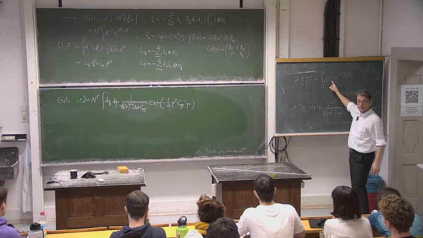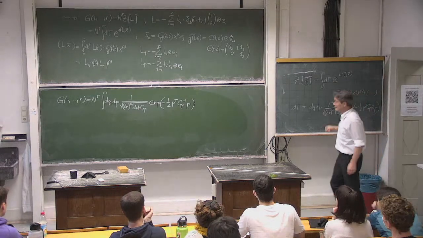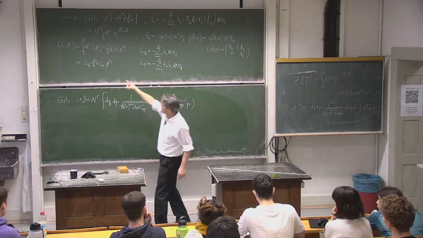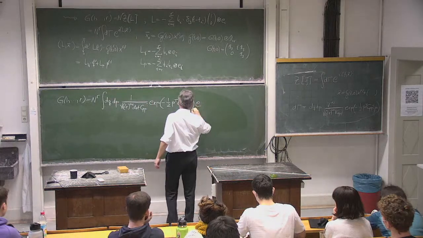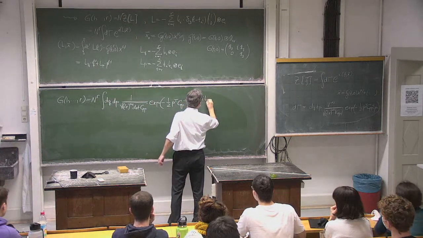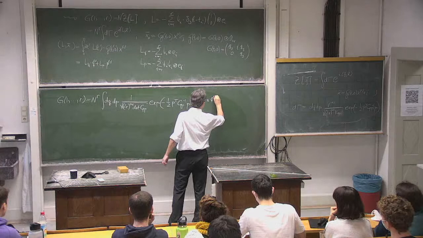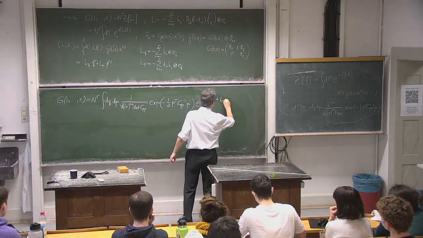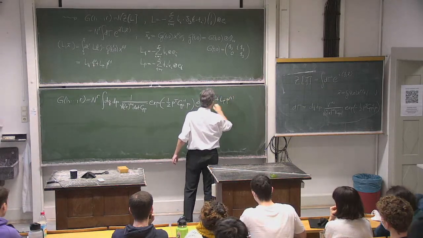Now we are here. Now we need these factors here. I'm going to write them as this. So it's e to the power of i times L_Q times Q initial plus L_P times P initial.